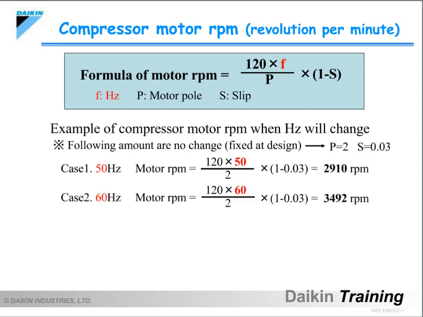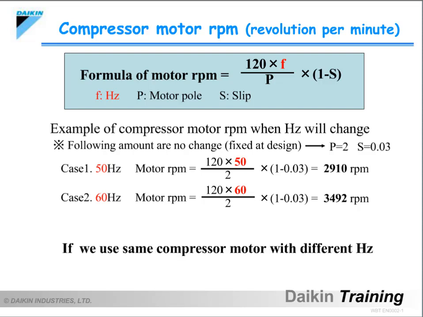Meanwhile, in case 2, where the frequency is 60 Hz, the number of compressor motor revolutions is calculated as 3,492 RPM, resulting in a higher number of revolutions compared to 50 Hz.